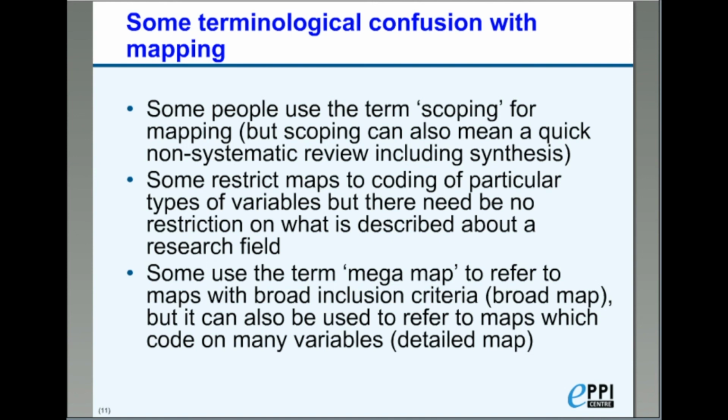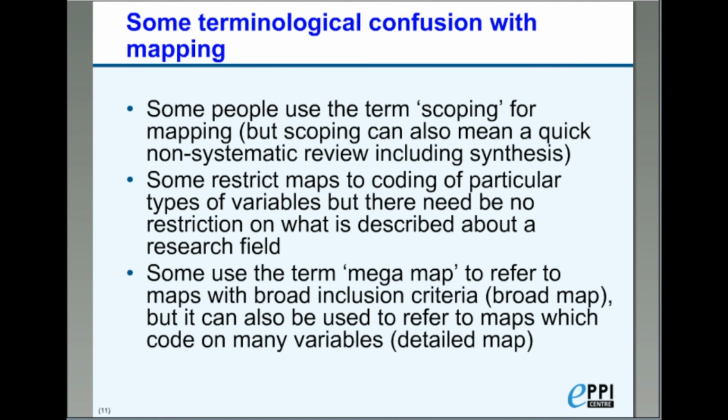So you can see that a systematic map and a systematic scoping map is a very different thing to a quick scoping look at the literature, including the findings. This isn't a question of right or wrong. This is a question of just confusion in the terminology. We do not have agreed words for these things.